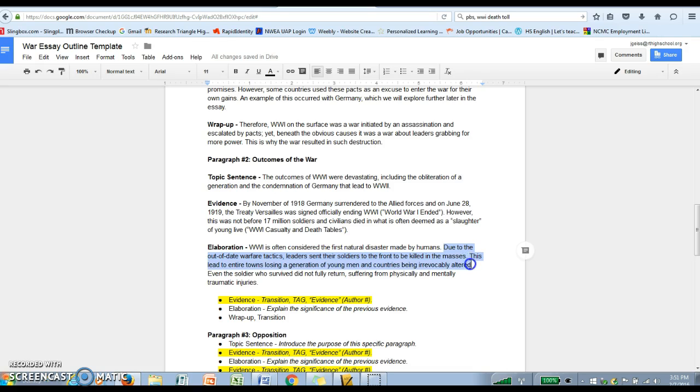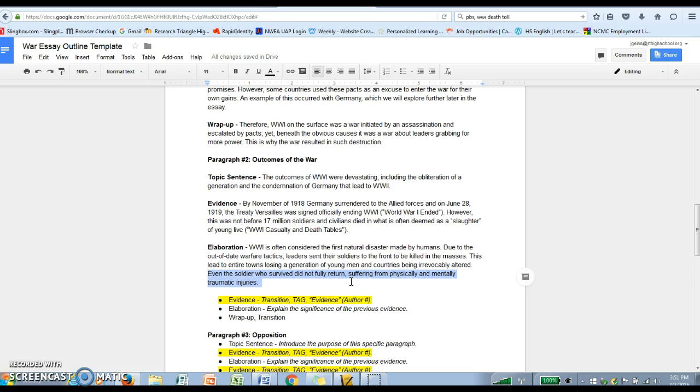And then it goes on to explain that those out-of-date warfare tactics that led to 17 million deaths irrevocably altered entire countries who lost a lot of their young men. And then it goes on to explain that even the soldiers who survived didn't fully return because they suffered from mentally and physically traumatizing injuries.